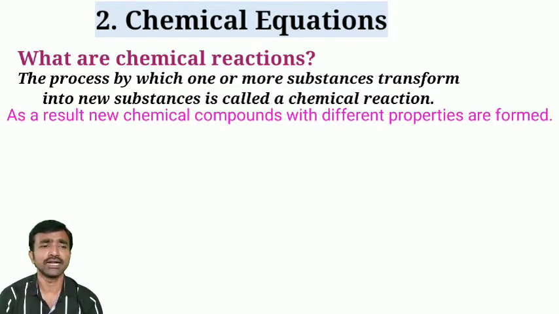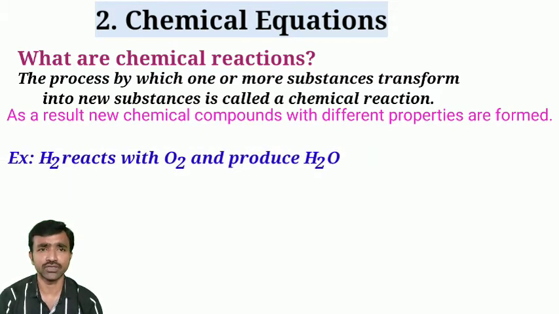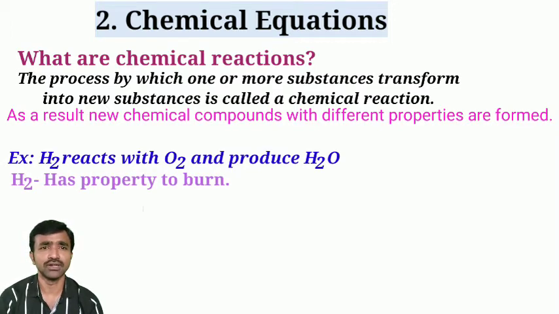Now let us have an example: hydrogen reacts with oxygen to produce water. If you observe the characteristics of the individual substances taking part in the change, hydrogen has a characteristic property, that is, burning nature.